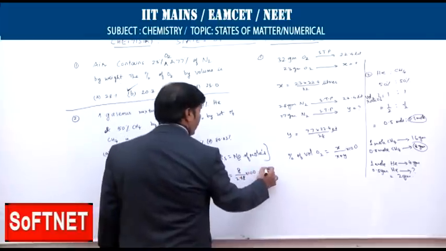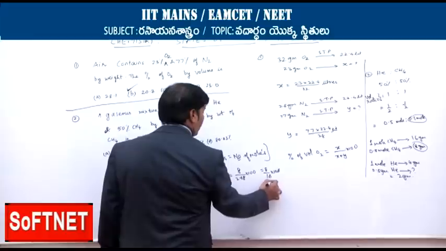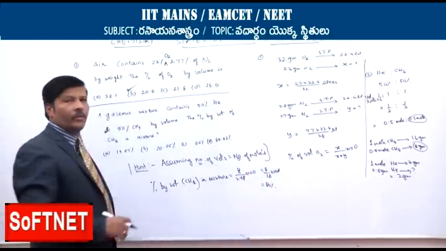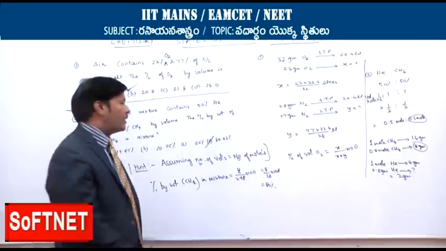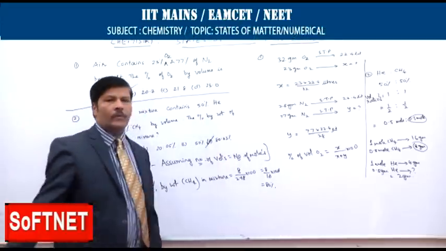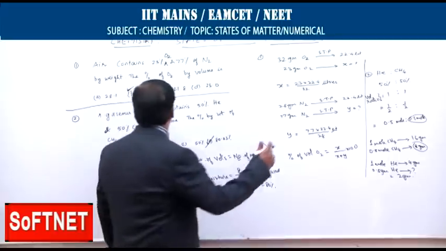So this is 8 by 10 into 100, which is equal to 80%. So option D is the correct answer. The fourth option is correct for the second problem, and that is the calculation for the second numerical.